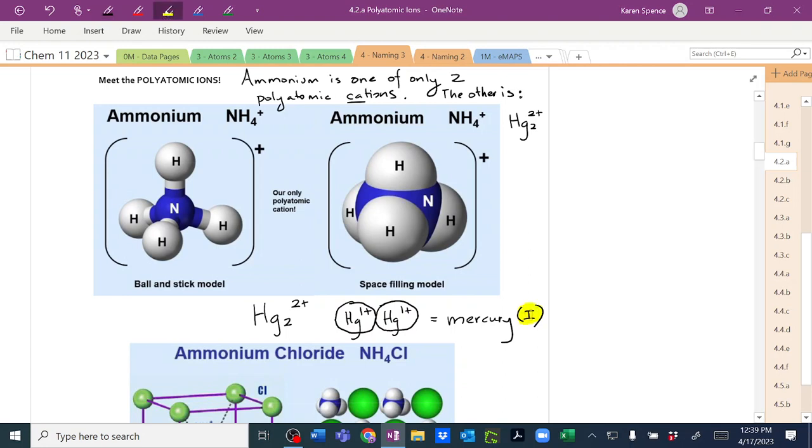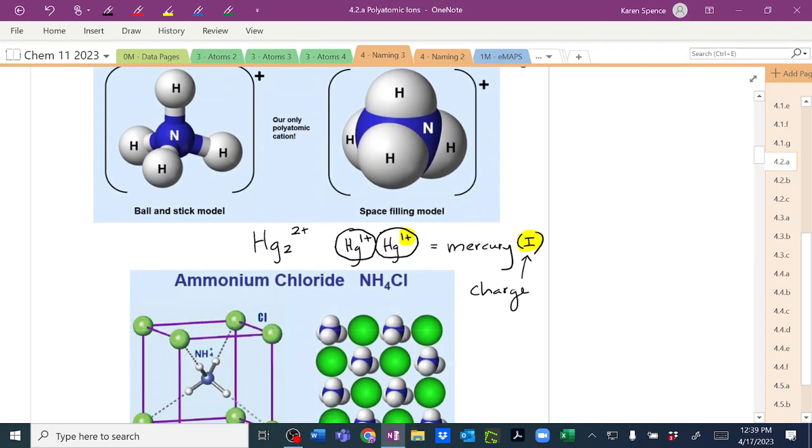That 1 there, that Roman numeral 1, refers to the charge on a single mercury ion. So that's Mercury 1.